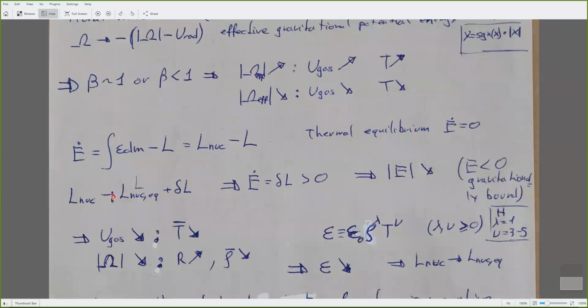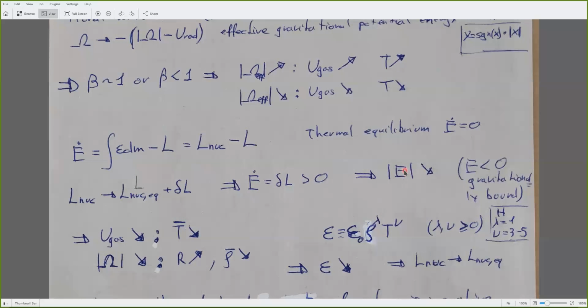So if you consider the nuclear luminosity at its value in equilibrium, that essentially is the luminosity, plus in addition a little increase of the production of energy by nuclear reaction. The total energy will increase by this little amount.